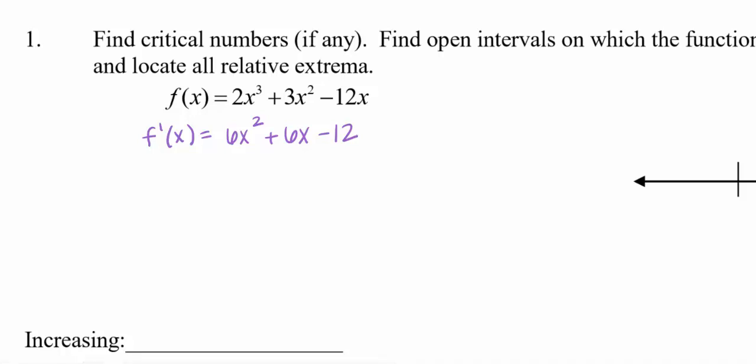Now remember, the first part to critical values was assessing my domain, and my domain for the first one is all reals, so we wrote that two different ways, the double R or the negative infinity to infinity. It's just a third degree polynomial. My f prime is a second degree polynomial, so I'm still negative infinity to infinity or all reals. So there are no new restrictions.